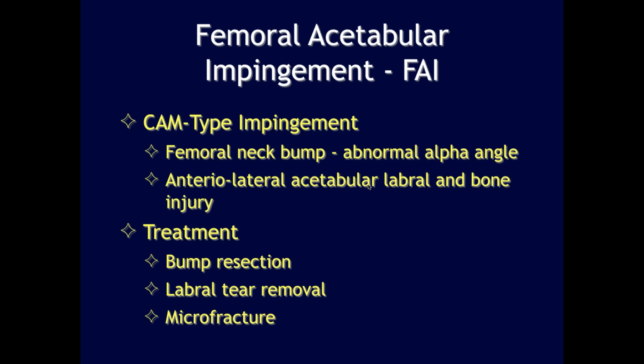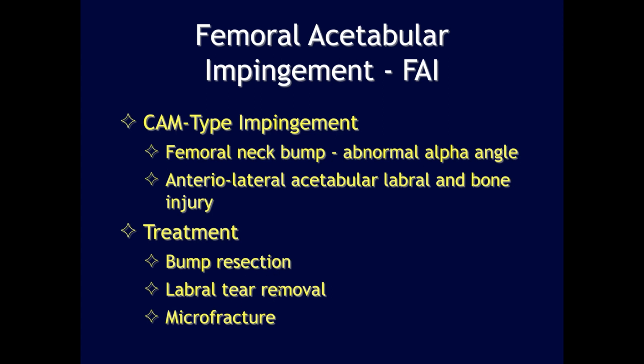I think that the bone injuries, especially bone marrow edema, is one of the more useful findings in trying to help us determine whether we have a clinical cam type impingement or whether it's just a morphological variant that's not important. And then the treatment for these, if it's believed that the impingement is a cause of the patient's symptoms, you remove the cause of the impingement, which would be a bump resection.